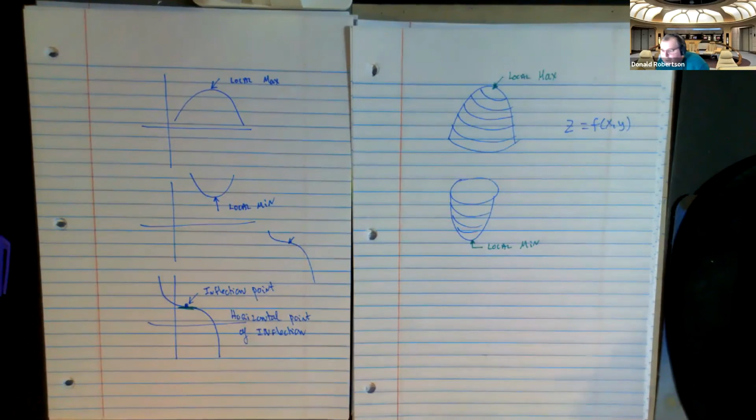So an inflection point is a little bit general. Inflection points can happen at an angle of 30 degrees, whereas a horizontal point of inflection can only happen at a zero derivative. So this is a little bit more specific.